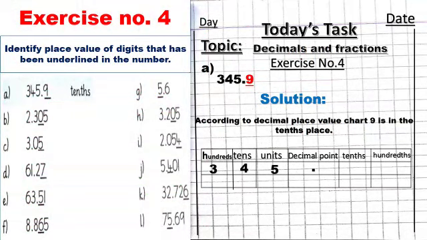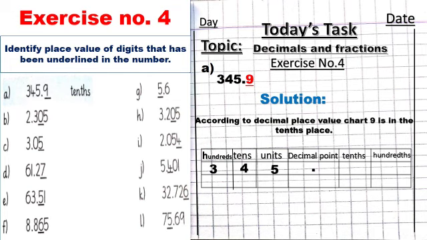It's about identifying the place value of the digits that have been underlined. Let me solve the first question of this exercise, that is 345.9. Students, look at this question. We will identify the place of digit 9 because 9 is the underlined digit.